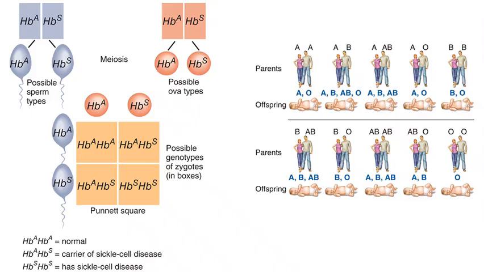Now, the other kind, hence its name, is complex inheritance. Most inherited traits are not controlled by one gene. There are combined effects of several genes, two genes, even some type of environment that comes into play and changes the actual inheritance of the traits.